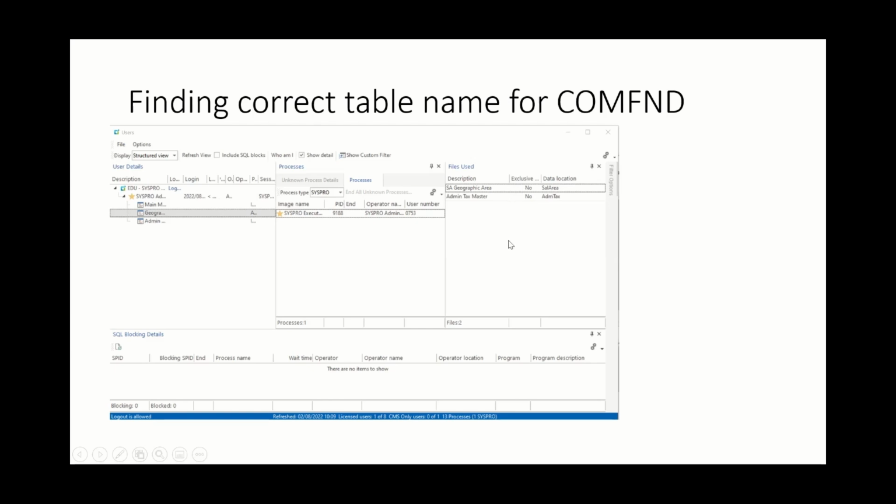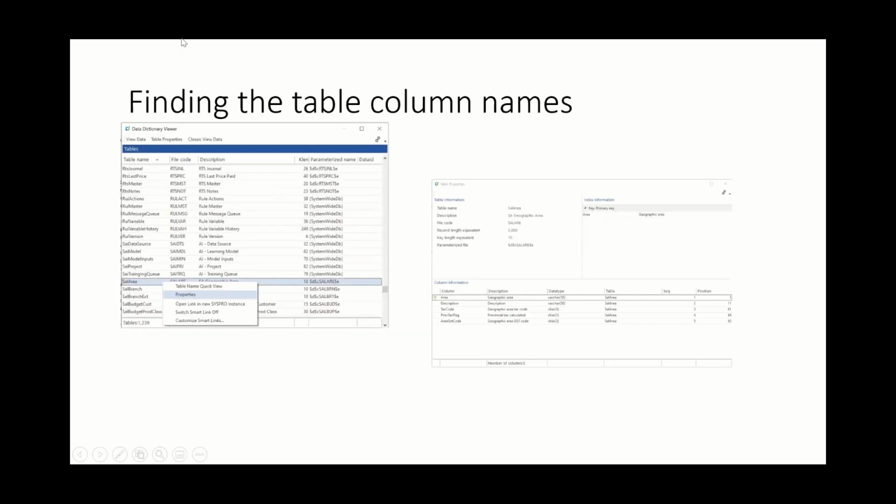Okay, so that's the first step. It's a little bit of detective work required to go and find the table name. Now that we've got the table name, the next step is to go and find the columns. Hidden away in the utilities section on the main menu is a data dictionary viewer. When you load it, it gives you a great long list of all the tables used in Syspro.